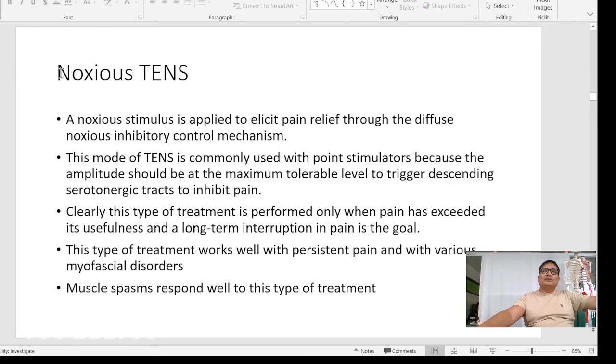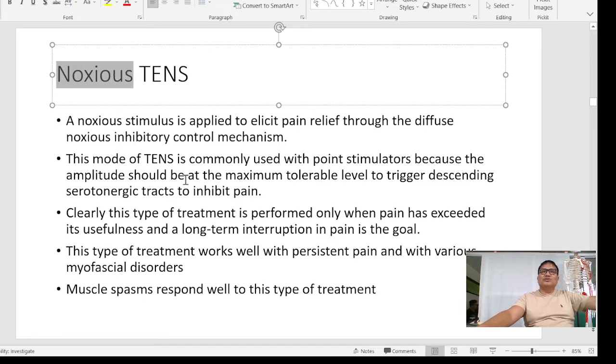Noxious, from the word, a painful stimulus. So a noxious stimulus is applied to elicit pain relief through diffuse noxious inhibitory control mechanisms. This mode of TENS is commonly used with point stimulators because the amplitude should be at the maximum tolerable level at the trigger point, stimulating serotonergic tracts to inhibit pain.